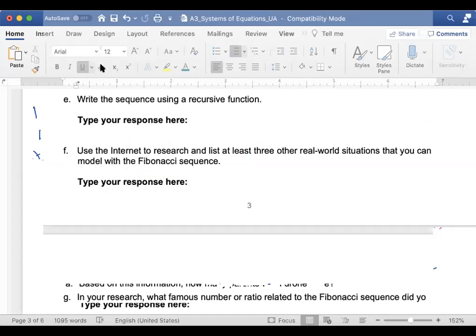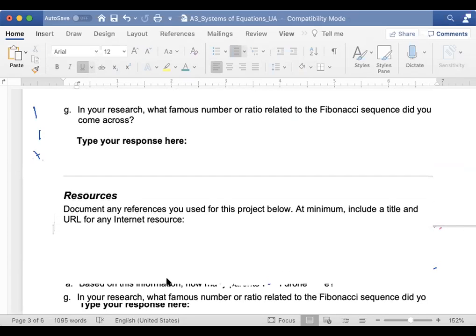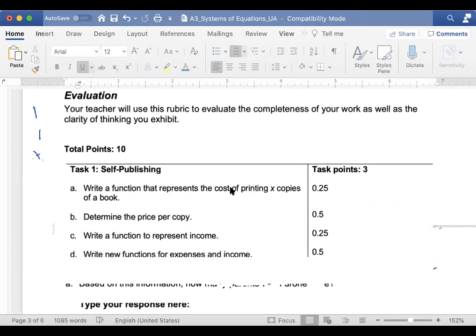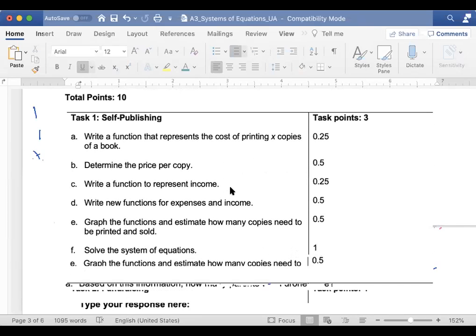And for G, it says, in your research, what famous number or ratio related to the Fibonacci sequence did you come across? You can also answer that on your own. And I think that is the last thing.